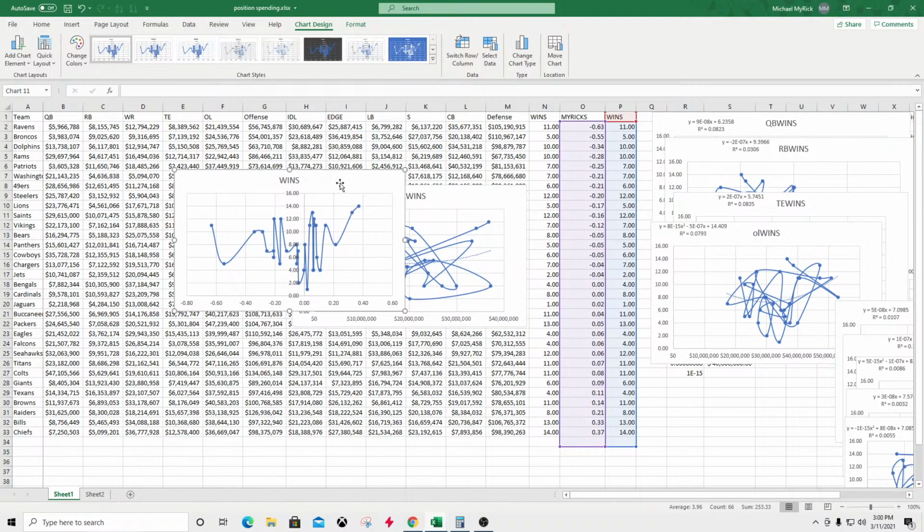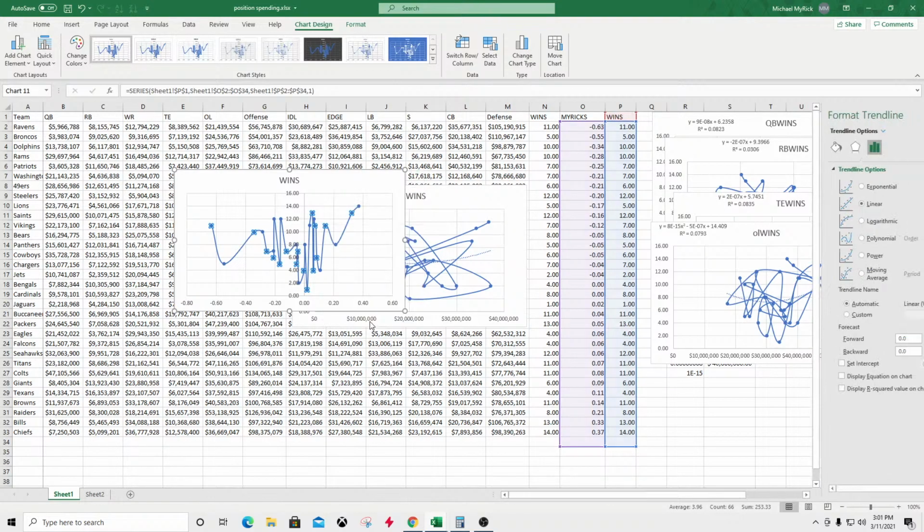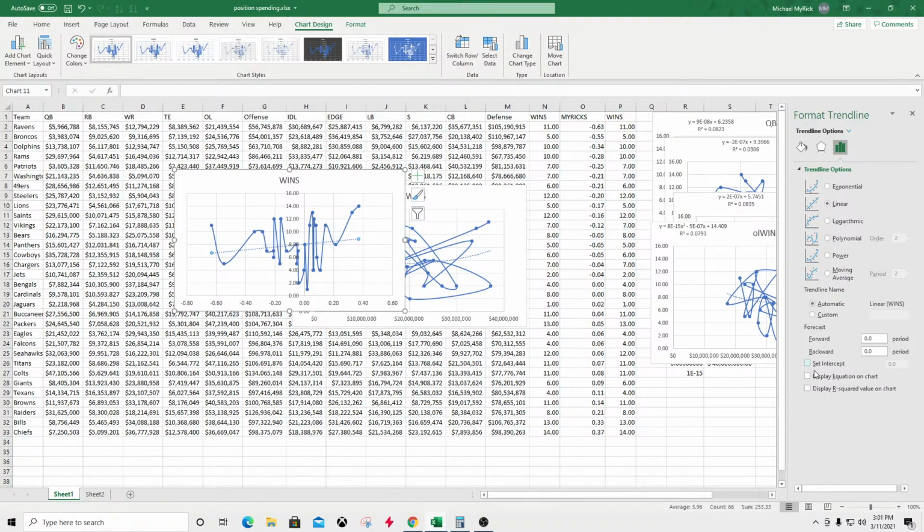Pow. And I like the fact that at the 0 mark we got some 8-win teams, because that would be like, yeah, that's what mediocre teams do. They do the middle way.